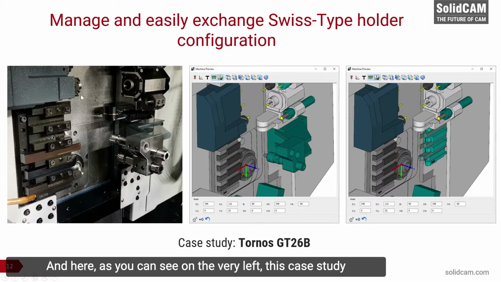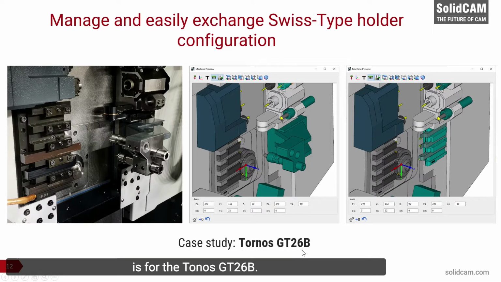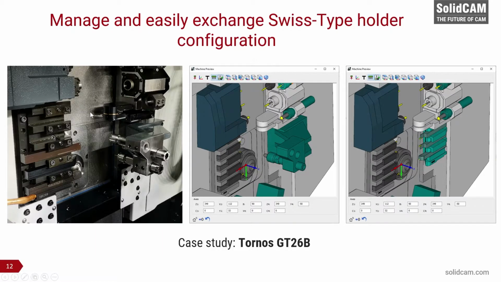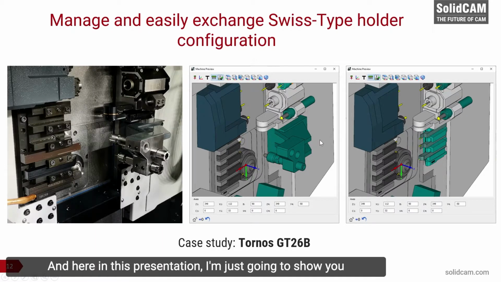Here, as you can see on the very left, this case study is for the Tornos GT26B. Each of these turrets can be exchanged, and in this presentation I'm going to show you how that can be easily done with the toolkit.